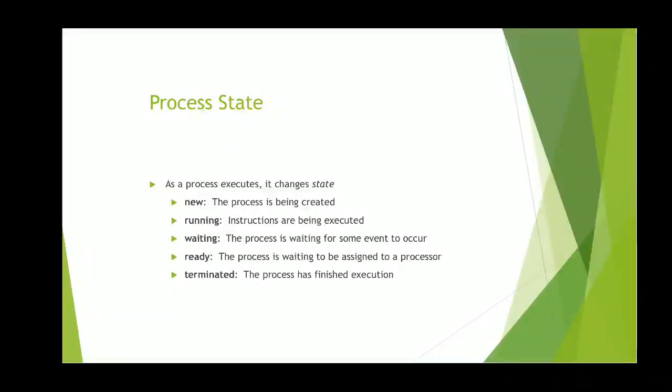A process is a program under execution. So depending on the execution, a process has 5 execution states. First is the new state. When a process is created, the state of the process is called the new state.